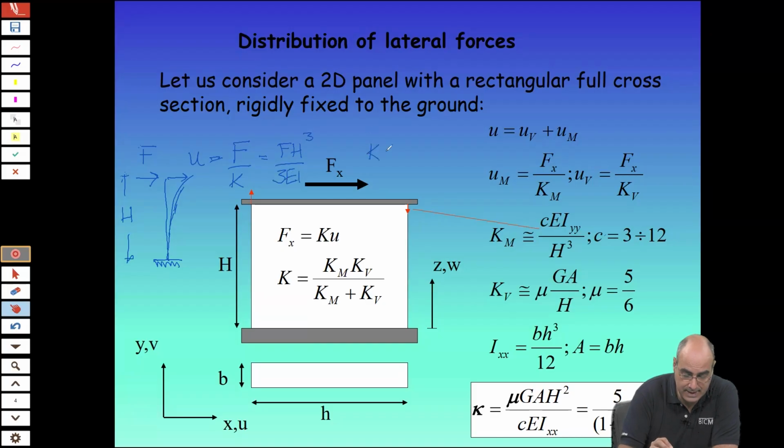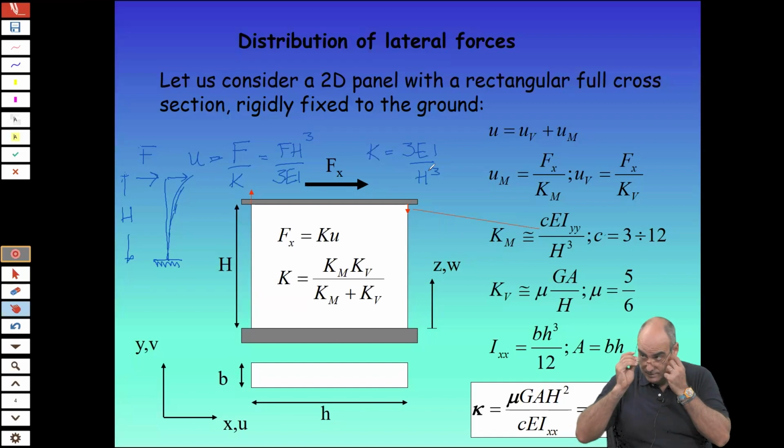And so in this case, the stiffness K is equal to 3EJ over H cube. Okay?